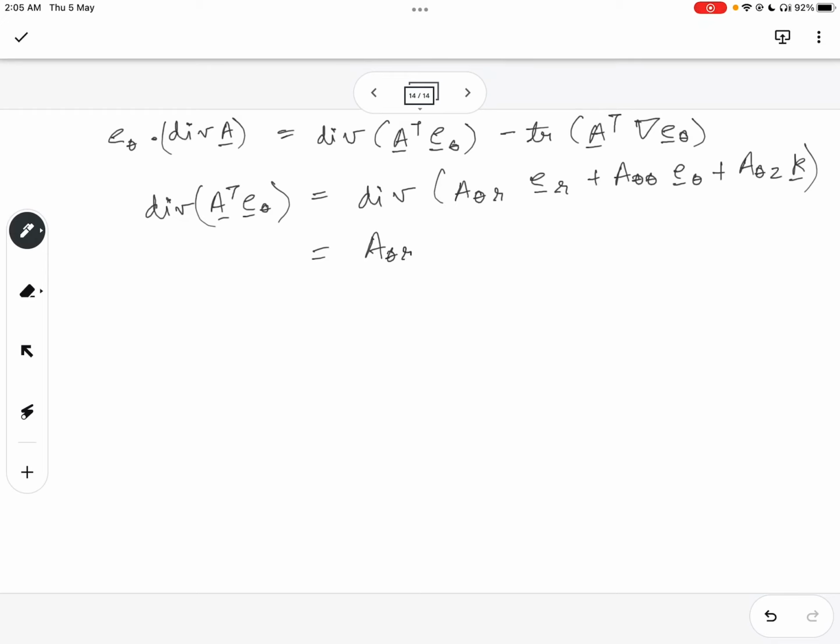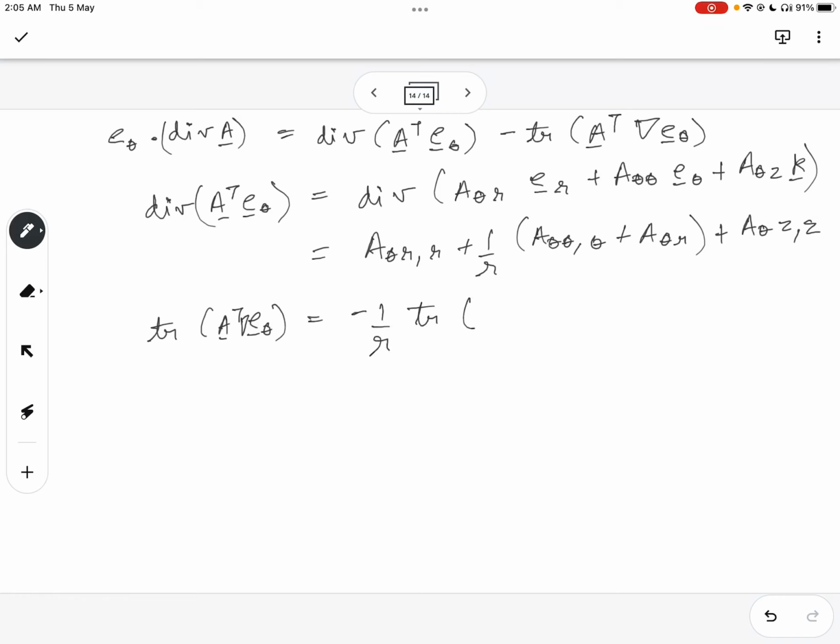This is nothing but A_theta r,r plus 1 by r A_theta theta,theta plus A_theta r plus A_theta z,z. And trace of A transpose gradient of e_theta is minus 1 by r trace of A transpose e_r, directly taking the A transpose onto the first vector of the dyadic product. This is nothing but minus 1 by r e_r dotted with A e_theta, taking the transpose on the other side of the dot product when we apply trace, which is minus 1 by r A_r theta.